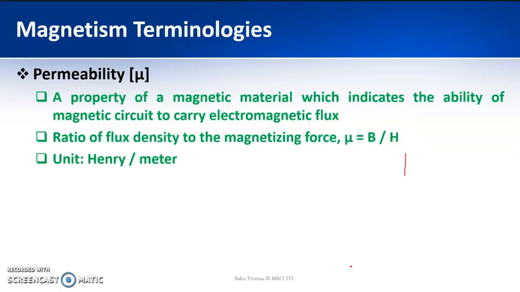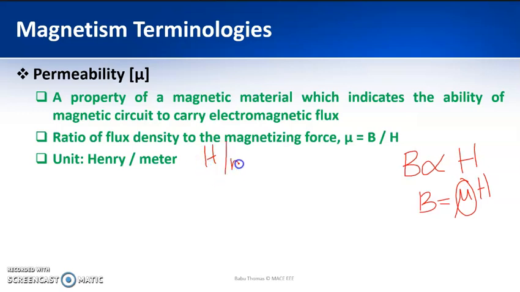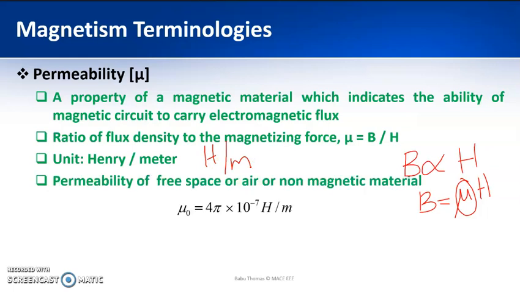Generally, the flux density B is directly proportional to the magnetic field intensity or magnetizing force H. This proportionality constant we replace with mu, and this mu is the permeability, and its unit is Henry per meter. The permeability of free space or air or a non-magnetic material is mu 0, equal to 4 pi into 10 to the power of minus 7 Henry per meter.